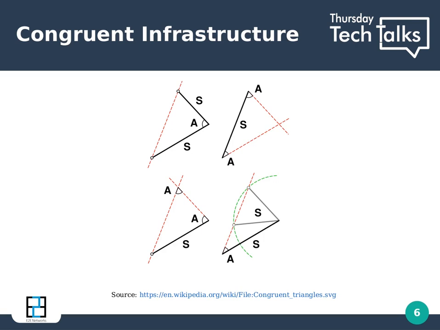So if we apply this analogy to infrastructure, we want to make sure that each server, when we scale out, has the same desired properties that we want them to be in. So this is the congruent infrastructure principle that we want all our servers to be in.